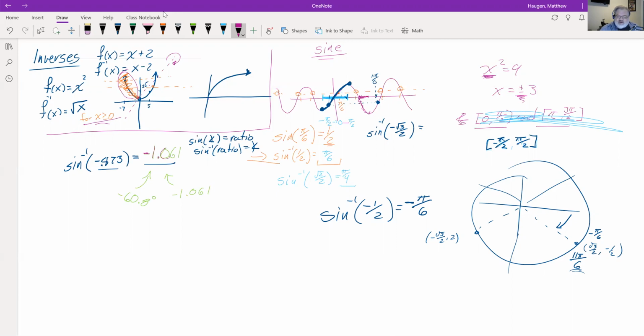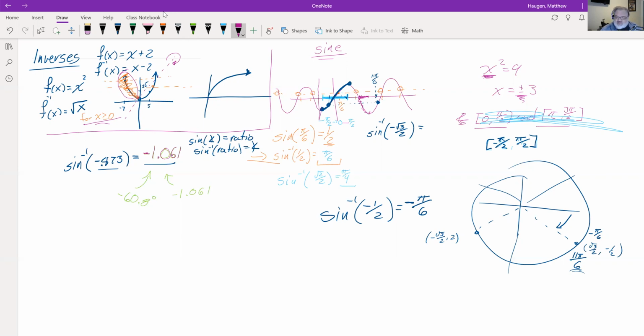Notice it gave us a negative angle in quadrant 4, because that's greater than negative pi over 2, which would be negative 1.57.